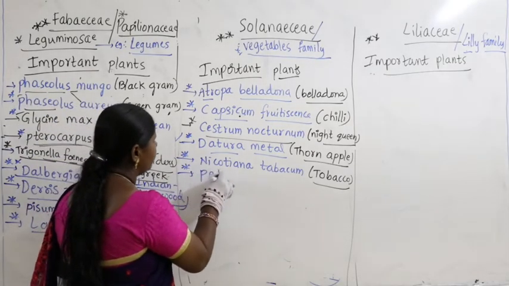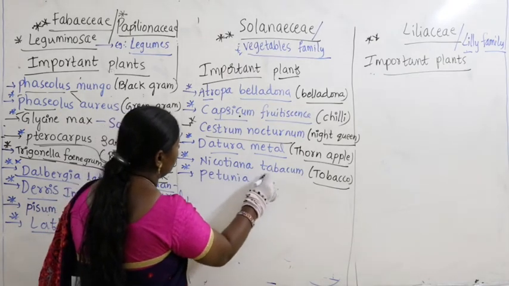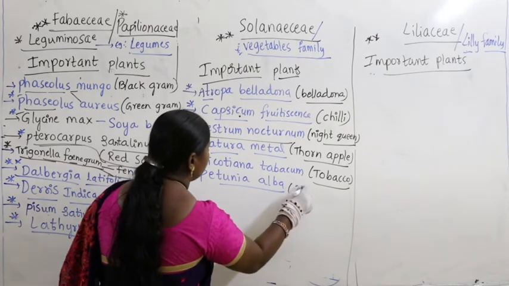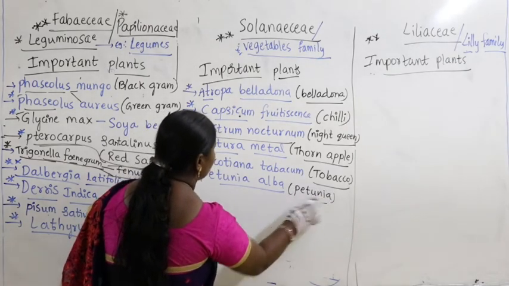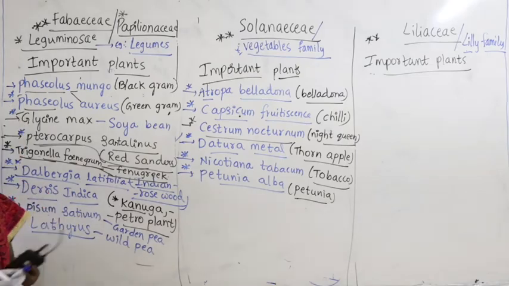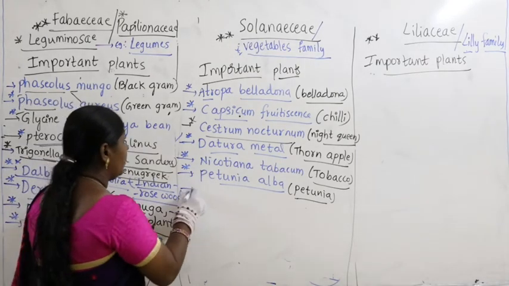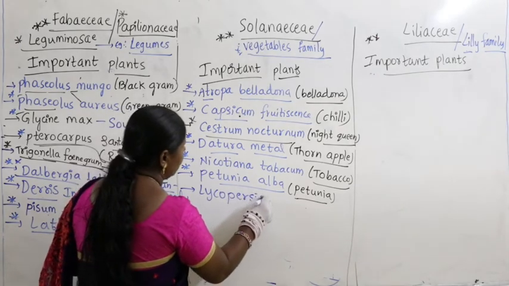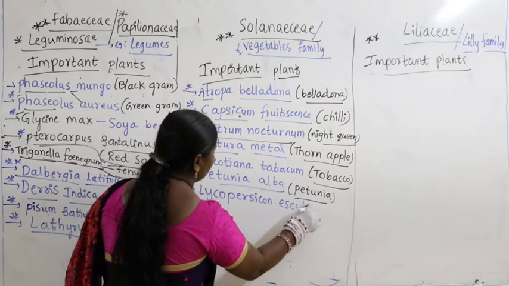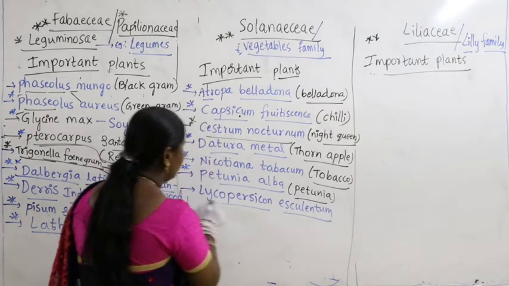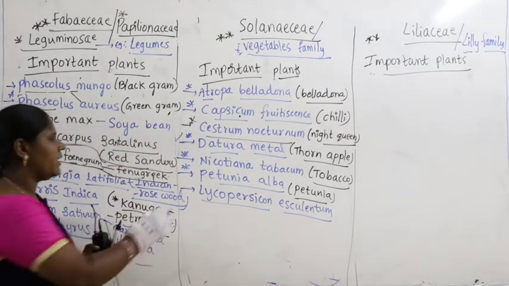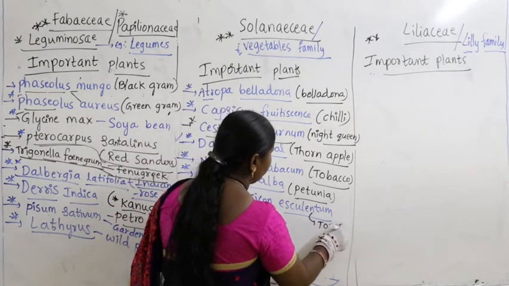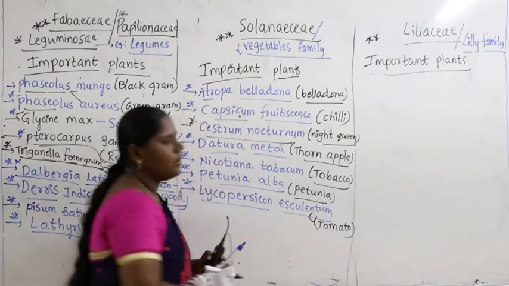Petunia alba, itself commonly called petunia, right? Then what not we have, like Lycopersicum esculentum. We have discussed even this scientific name. Lycopersicum esculentum is the scientific name for what? This is the scientific name for tomato. Right?